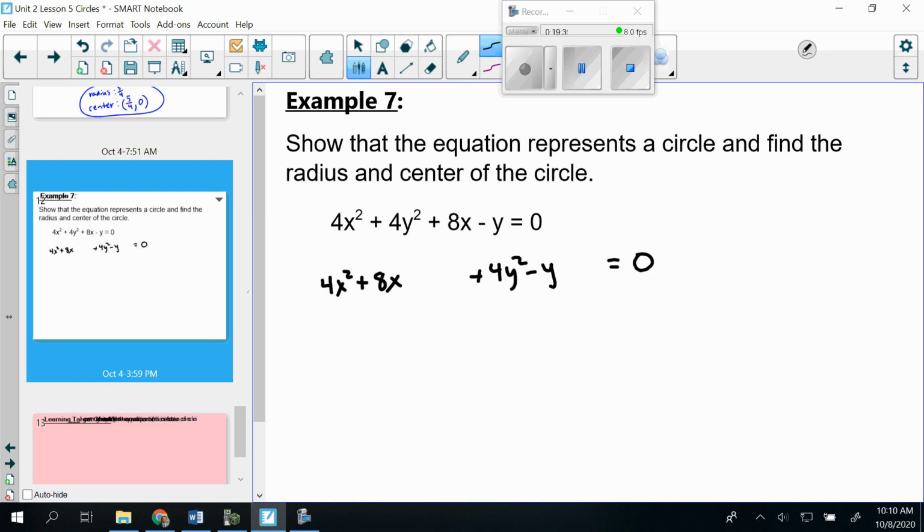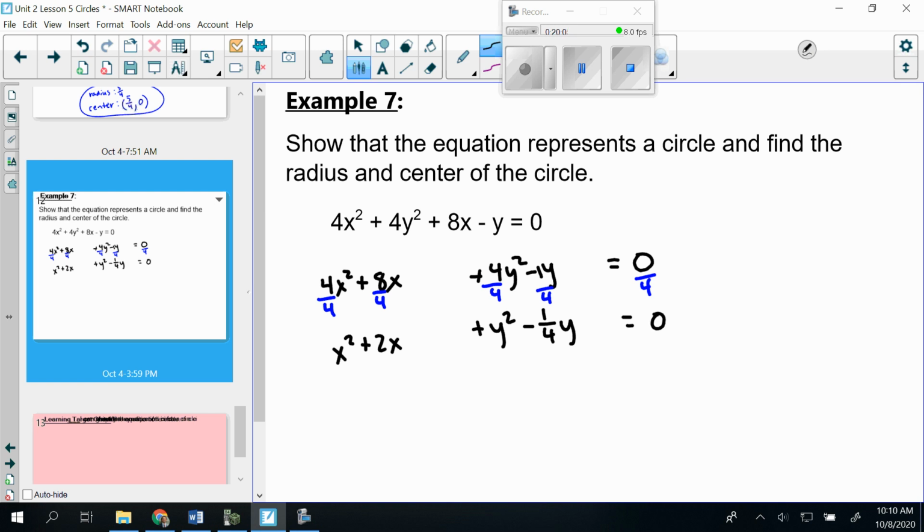Looks like on this one, hopefully you divided everything here by 4 to make this easier. That makes our equation now x squared plus 2x, here we go, y squared. This divided by 4, there's kind of like a 1 here, so this is going to be minus 1/4 y equals still 0, because 0 divided by 4 is still 0.